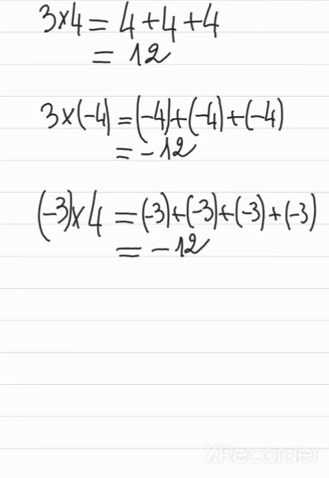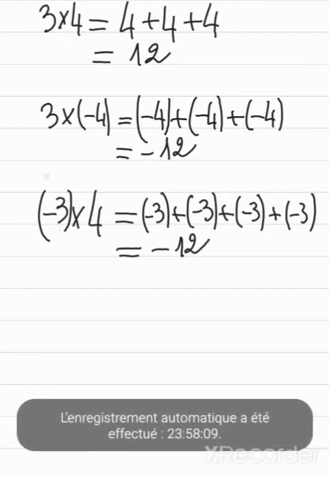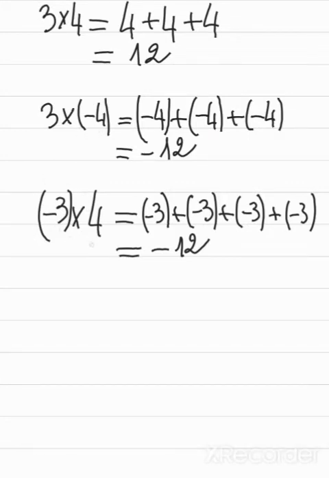We can see here that when we multiply two positive integers we get a positive result, and when we multiply two numbers with different signs we get a negative number. We're left with the fourth case, which is negative 3 times negative 4.